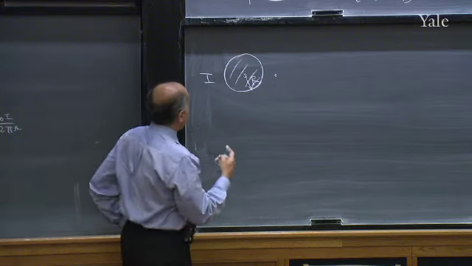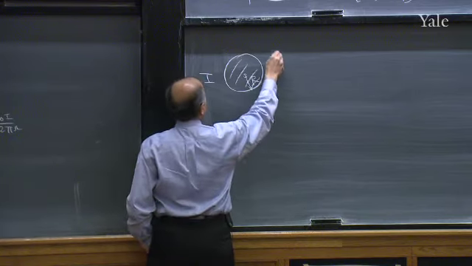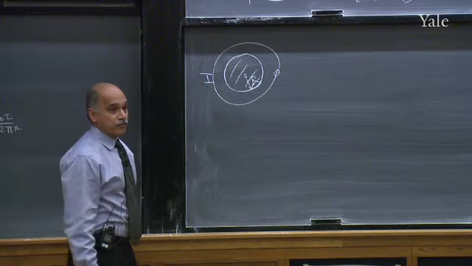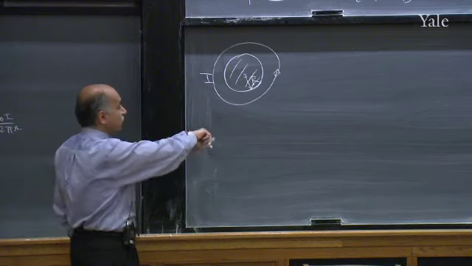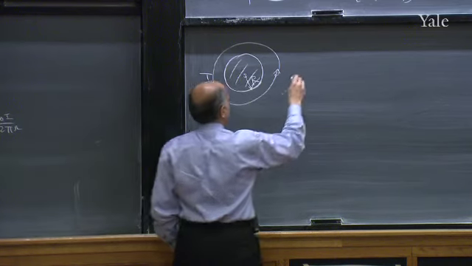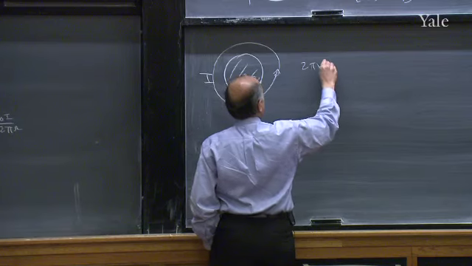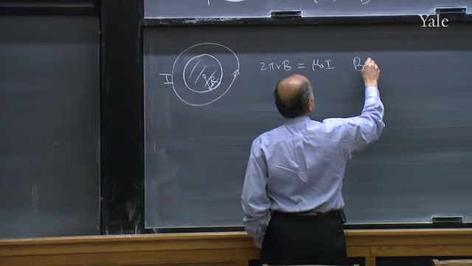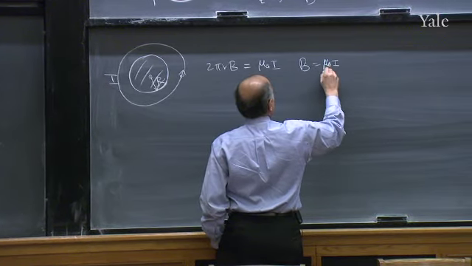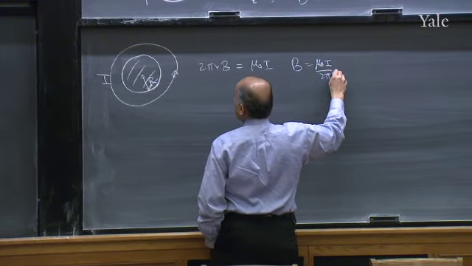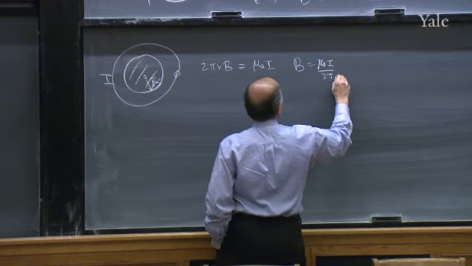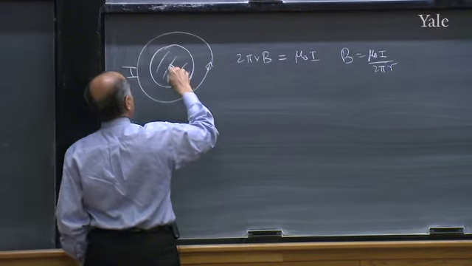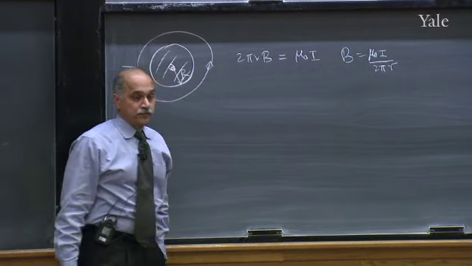But now we are going to argue by symmetry that this one also should necessarily have fields that go around in circles with a uniform strength on a circle of given radius. Then you conclude that 2 pi r times B is equal to mu 0 I. Therefore, B is equal to mu 0 I divided by 2 pi r, which is exactly the field you would get from a thin wire carrying all the current.